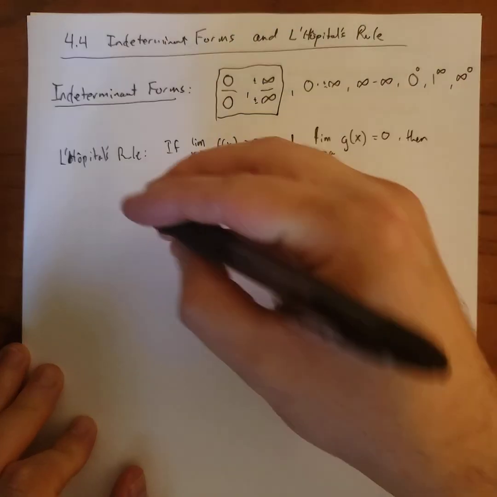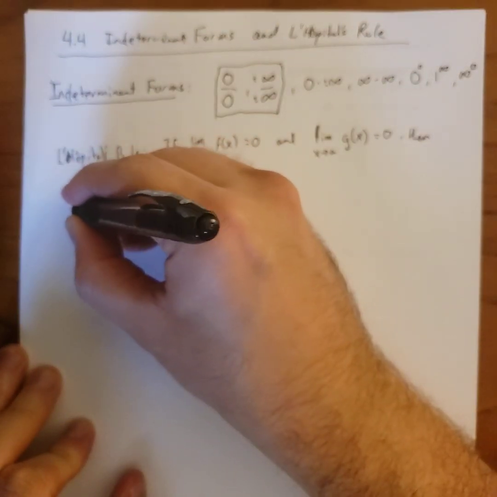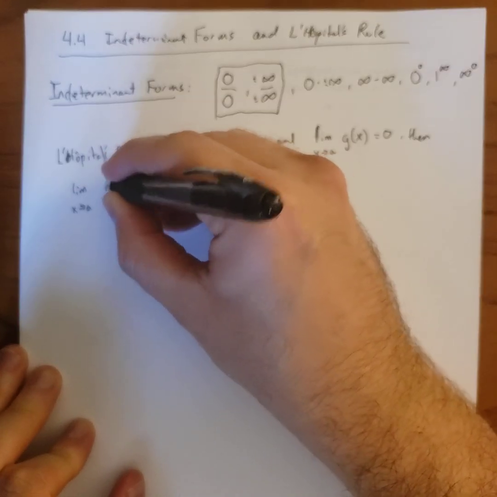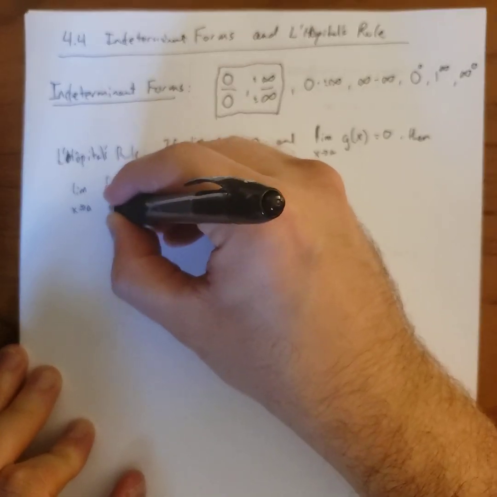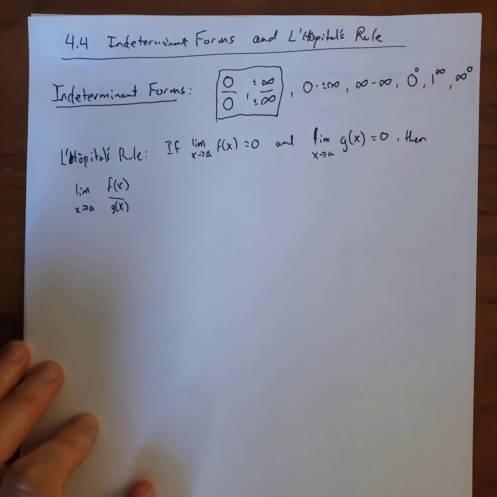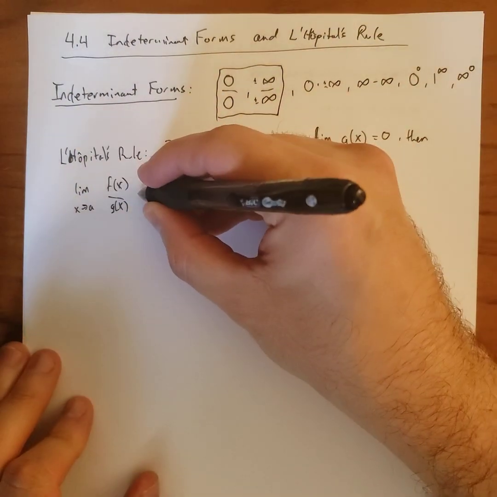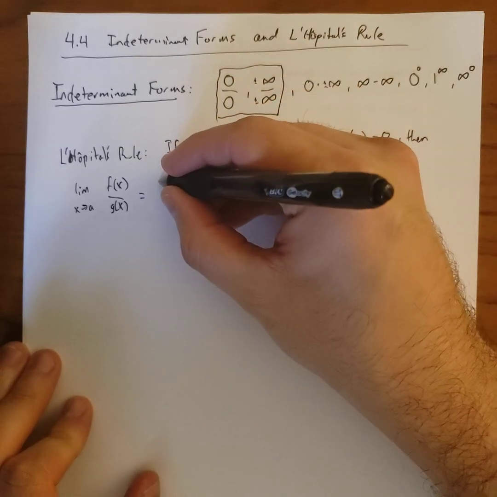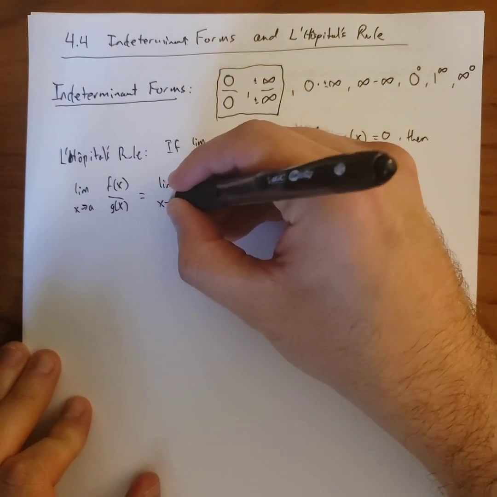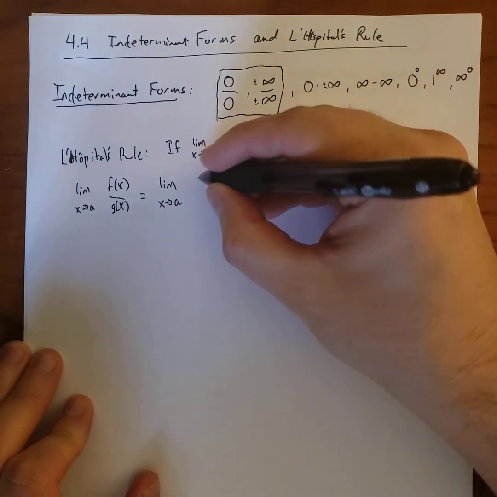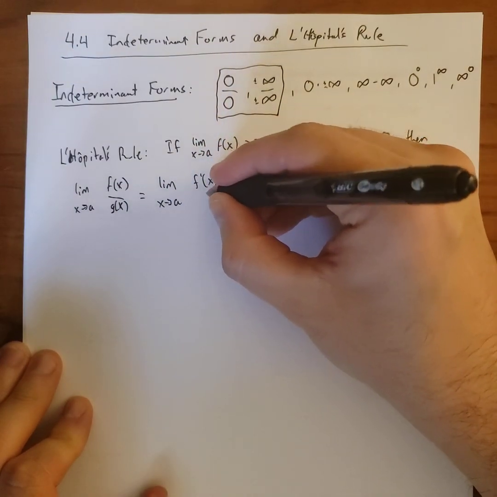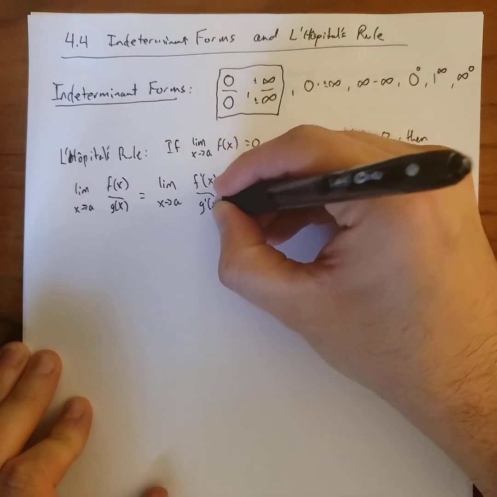Then the limit as x goes to a of f of x over g of x. So in other words, if we tried to plug in a, we would get 0 on the top and the bottom. Then we can take the derivative of each function and do that limit again. So limit as x goes to a of f prime of x over g prime of x.